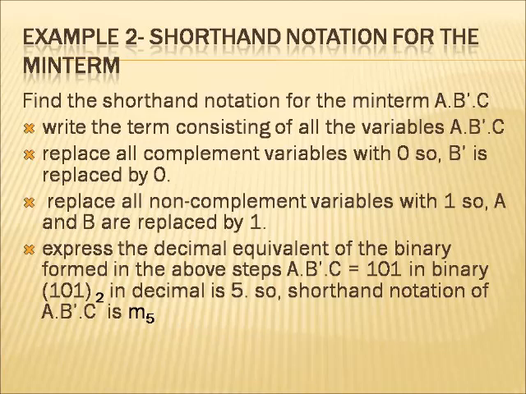So we can write it as 1 0 1, because a is in the normal form, which is 1, b bar is in the complement form, so it is 0, and c is in the normal form, so it is 1. So 1 0 1 in binary is equal to the decimal 5. So for the shorthand notation, we can write it as m5. I hope you understand.